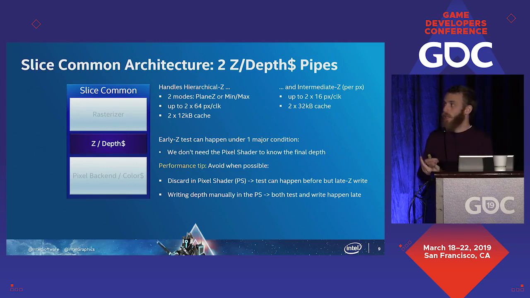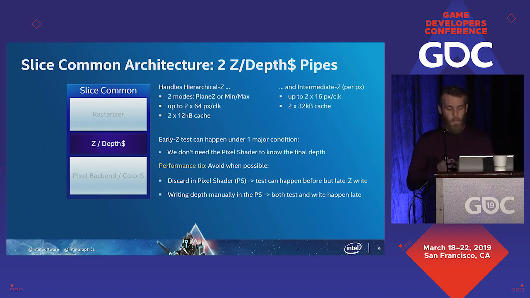Then we can easily identify that if the pixel depth value is higher than the max, it's trivially rejected. If it's lower than the min, it's trivially accepted. However, if it falls between min and max value, then we need to go to intermediate Z mode, which does fine-grain culling per pixel.